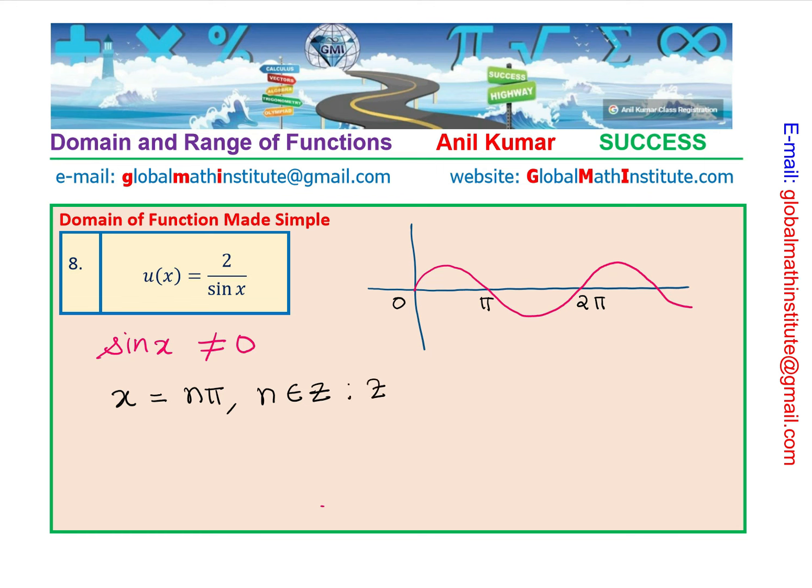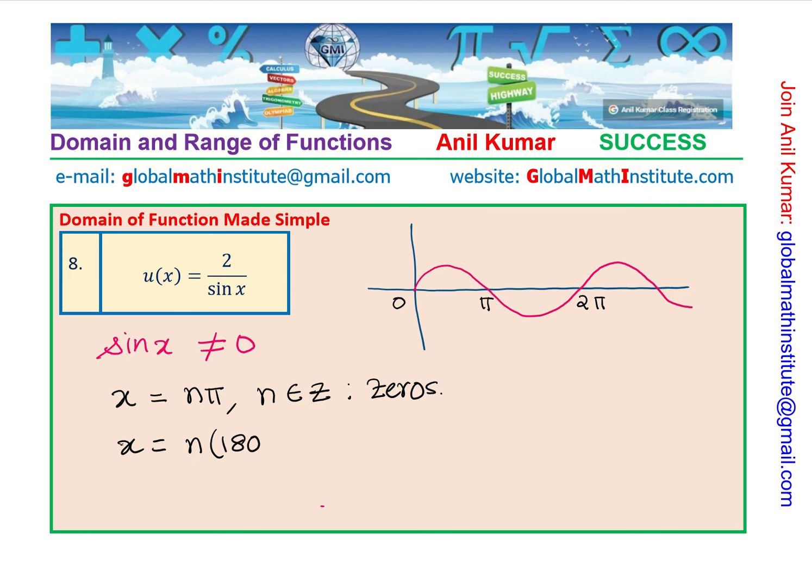If you're working in degrees, then these zeros are at 180 degrees, 360 degrees, and so on. So you could also write in degrees, x equals n times 180 degrees, correct? Those are the places where the sine function is 0.